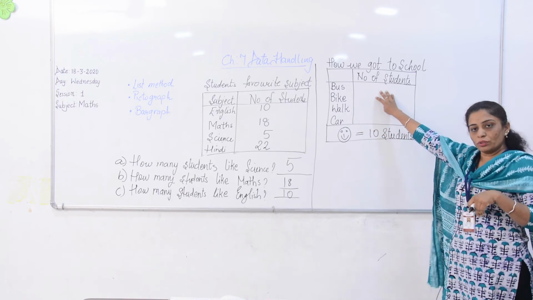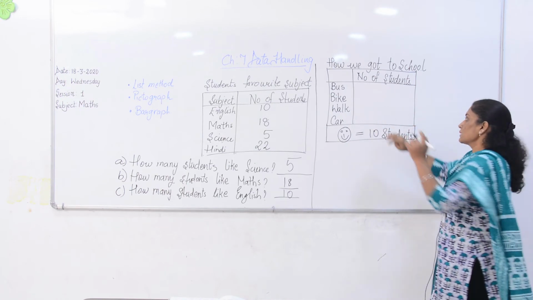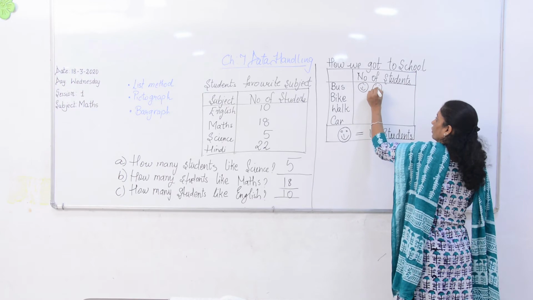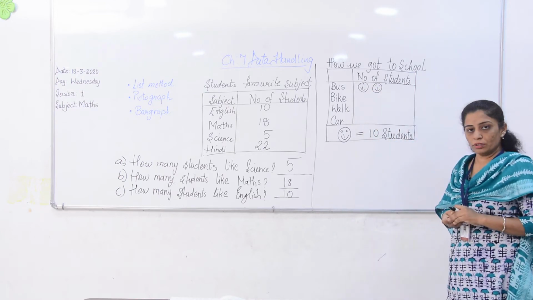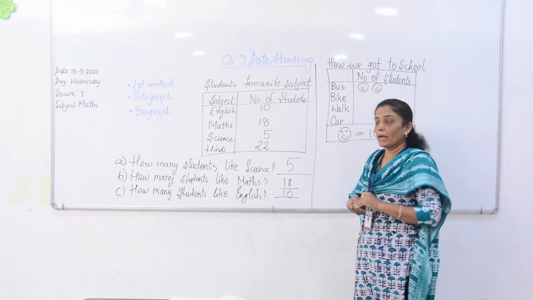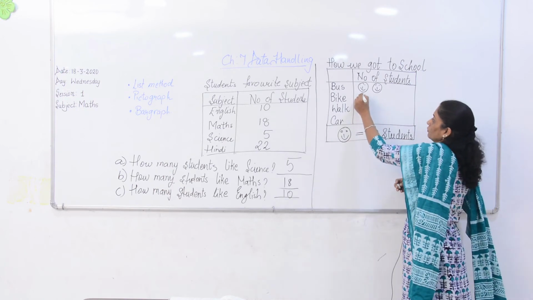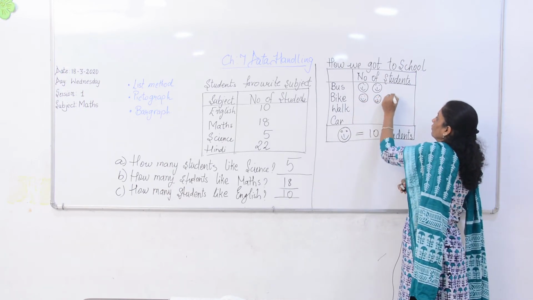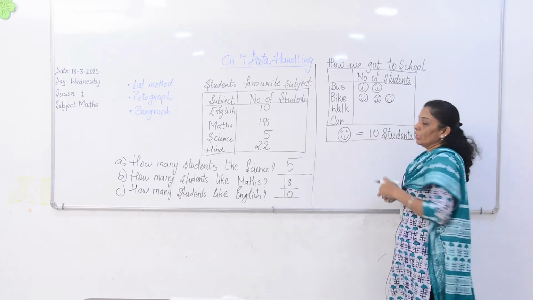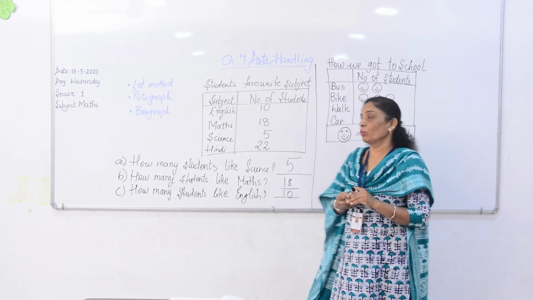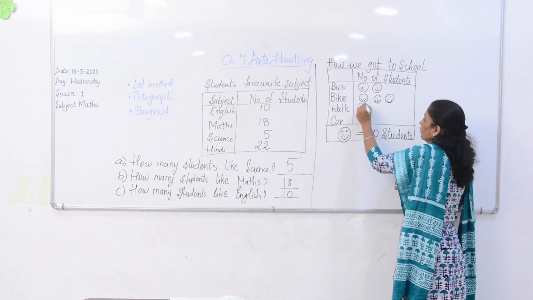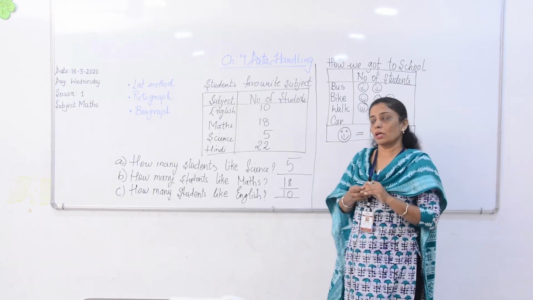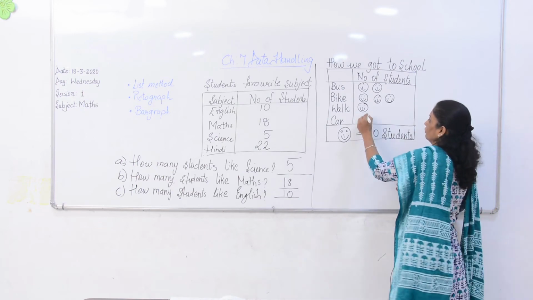So the number of students who go by bus are, number of students who go by bike are, number of students who go by walking, and number of students who go or prefer car.